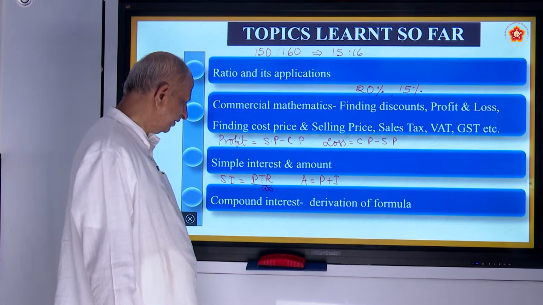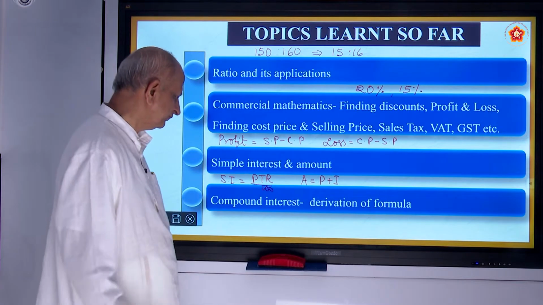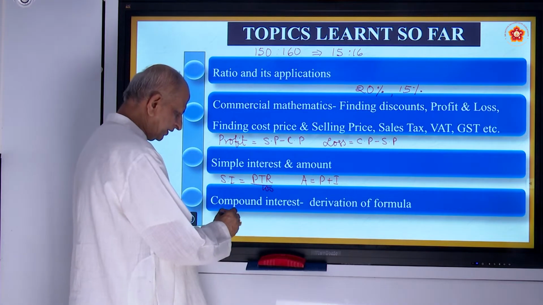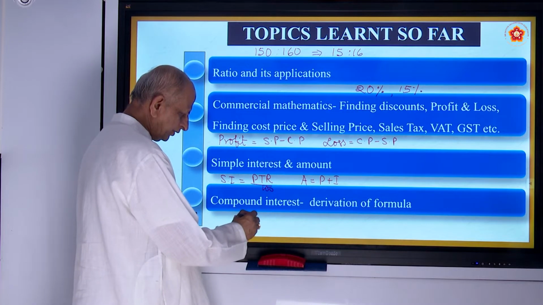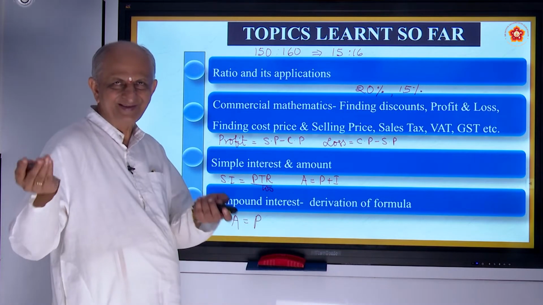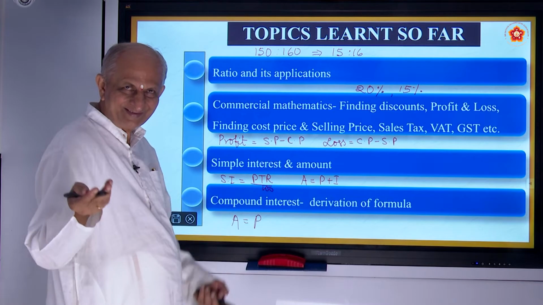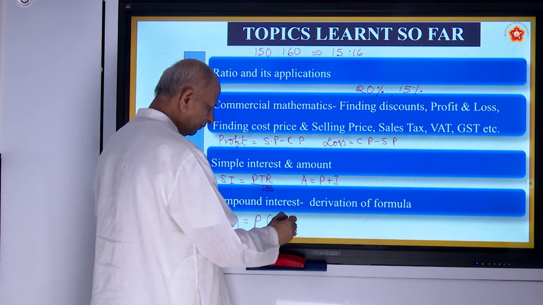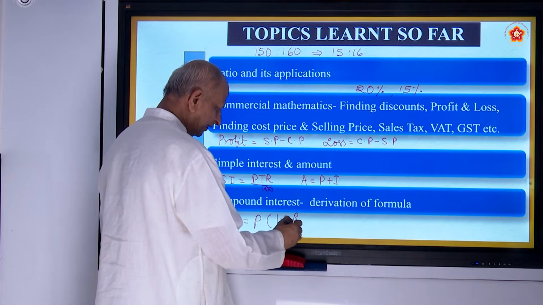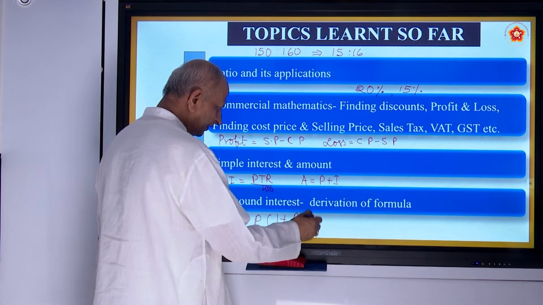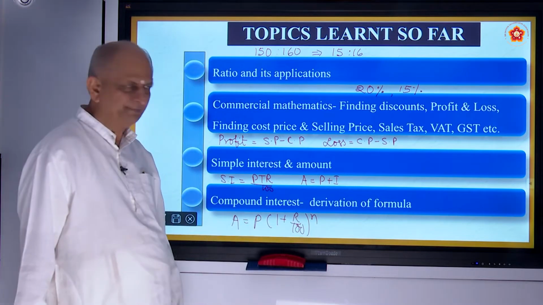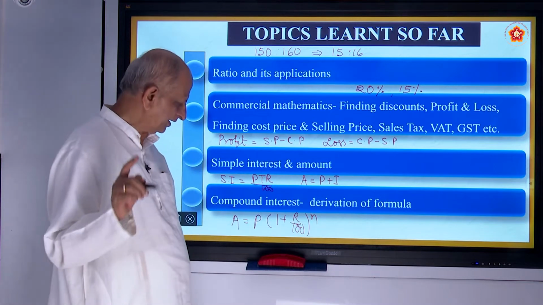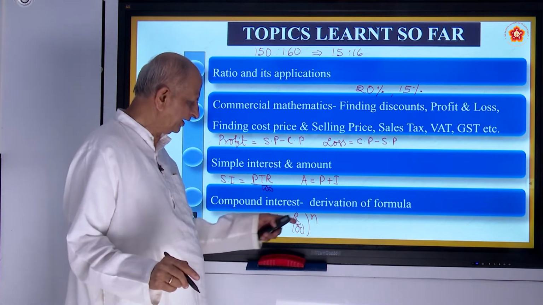We also studied compound interest. What is the formula for compound interest? A is equal to, come on, anybody? You are telling? Okay, A is equal to P into 1 plus R by 100 to the power of N. What is P? Principal. What is R? Rate of interest. What is N?